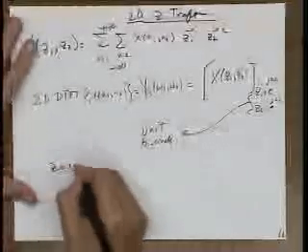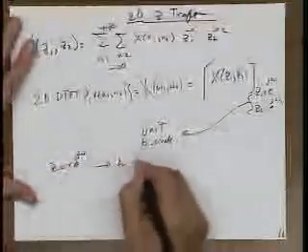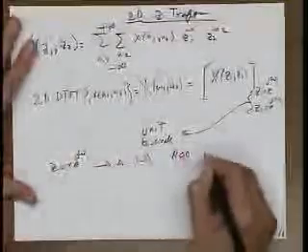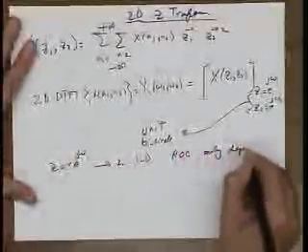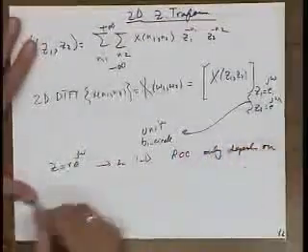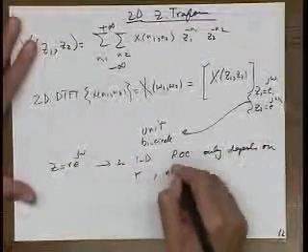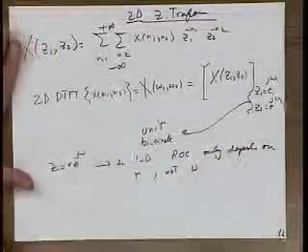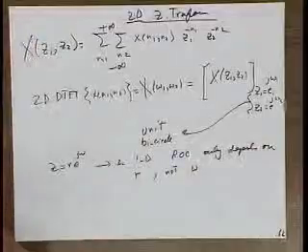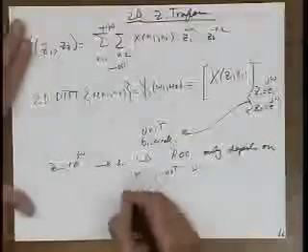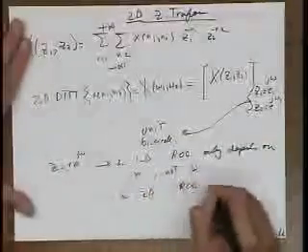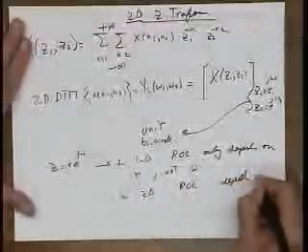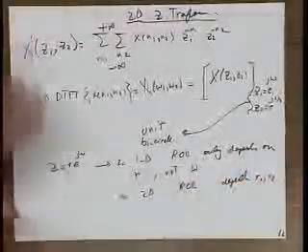If I write z as r e to the j omega, in 1D our region of convergence only depends on r and not omega. In 2D, the region of convergence depends on r1 and r2.